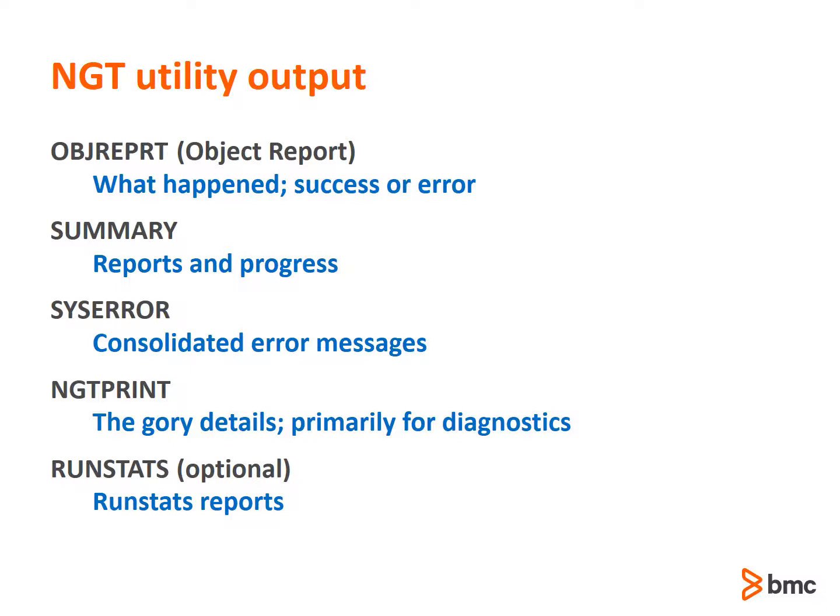NGT print output is a consolidated utility report containing a broad range of messages, some of which are duplicated and can be found in the summary, object, and Cicero reports. If run stats were requested, you get a run stats report containing the specific values gathered and posted to DB2 for the objects processed. Let's look at a few examples.